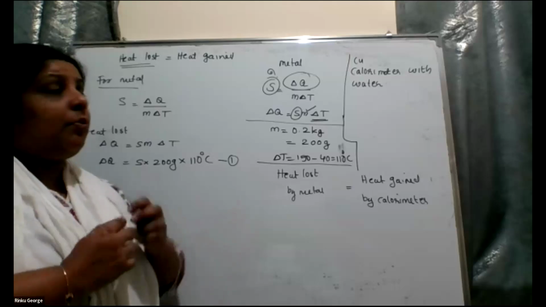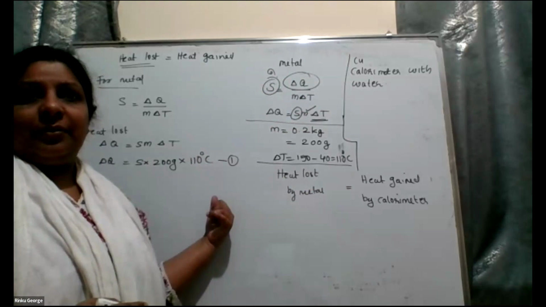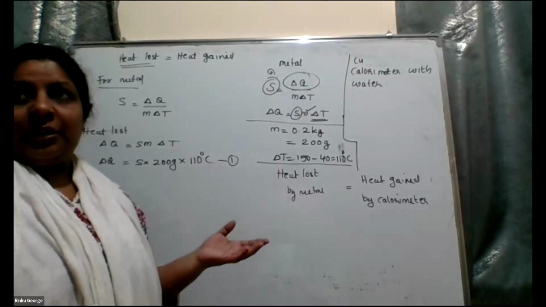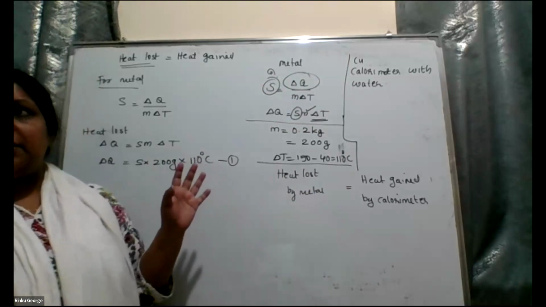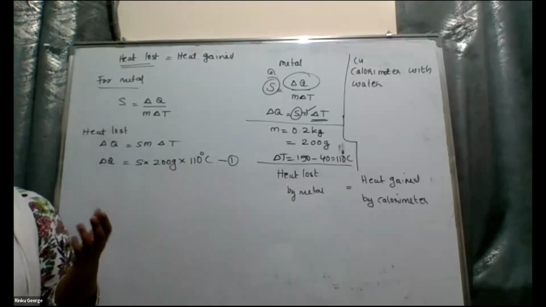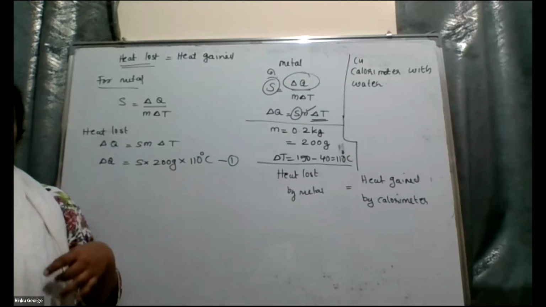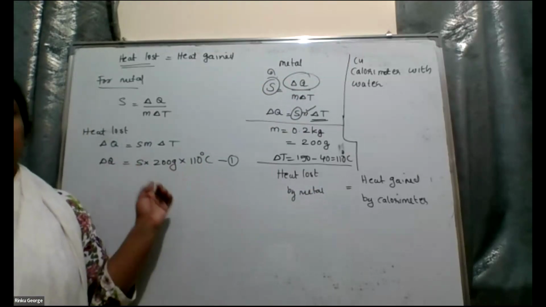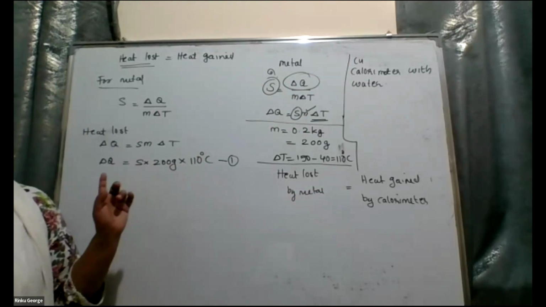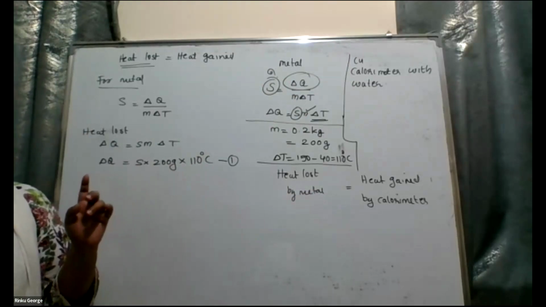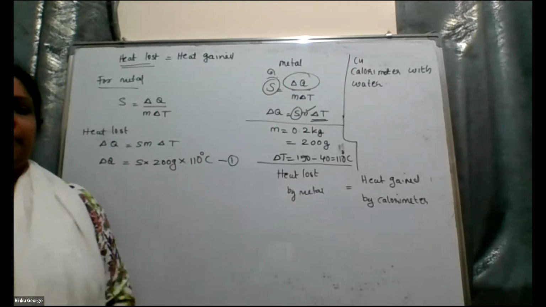We did it for the metal. Now we have the remaining. It's not over. For water we have to do. This is just for the metal part. Heat is lost by the metal. Then heat is gained by the calorimeter. The calorimeter was initially 27. It becomes 40. So that is the second part. You write up to this. Then I'll explain the second part.